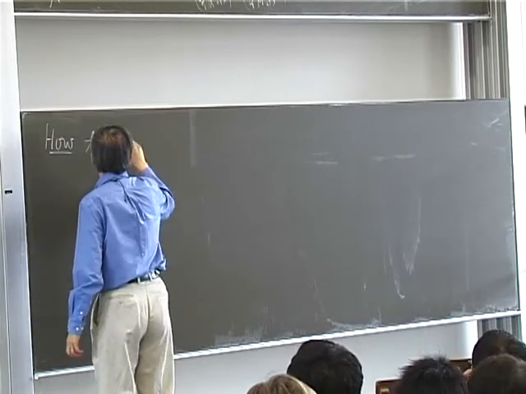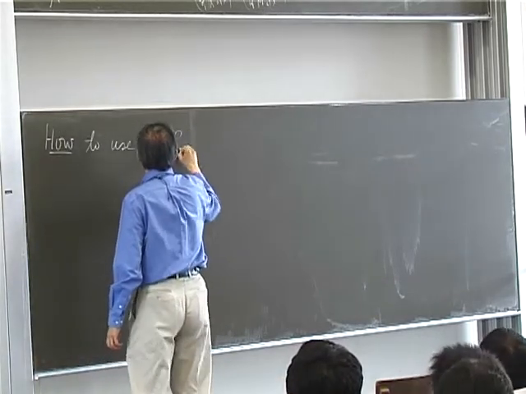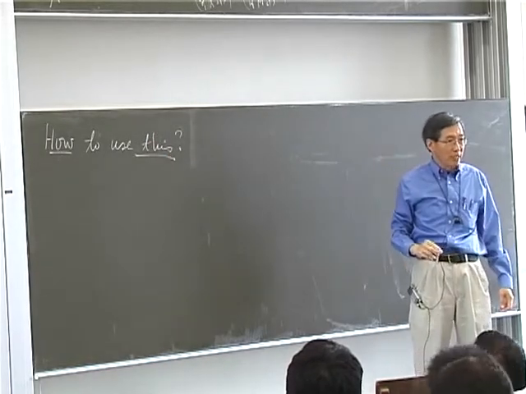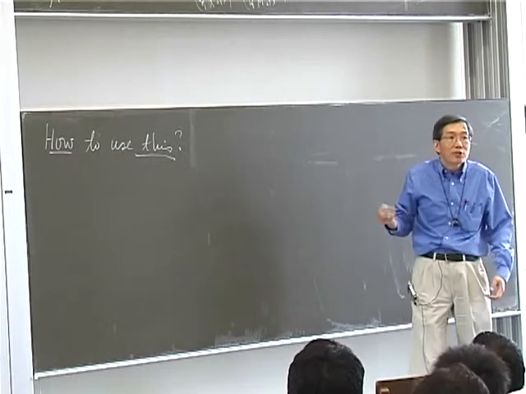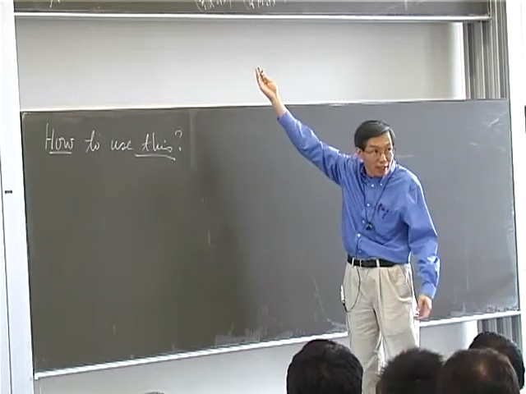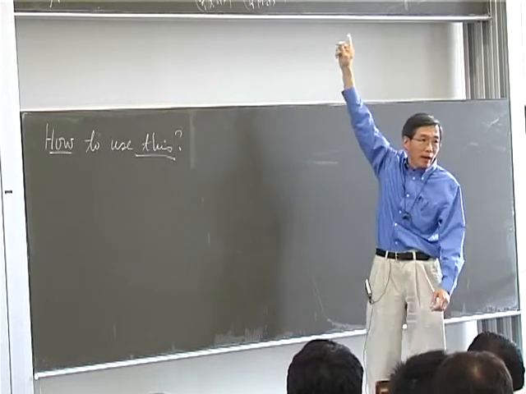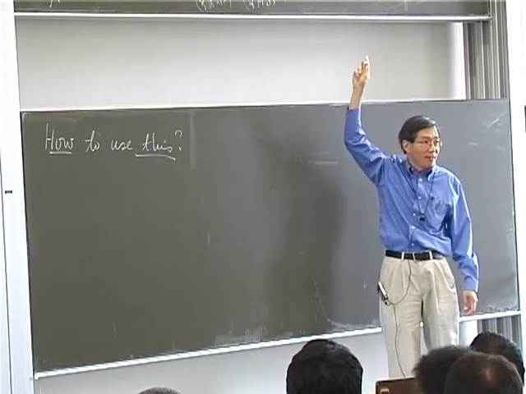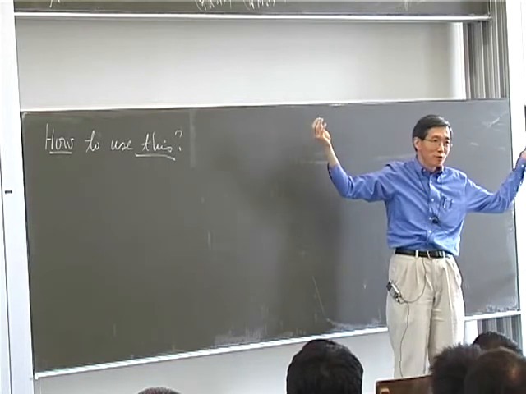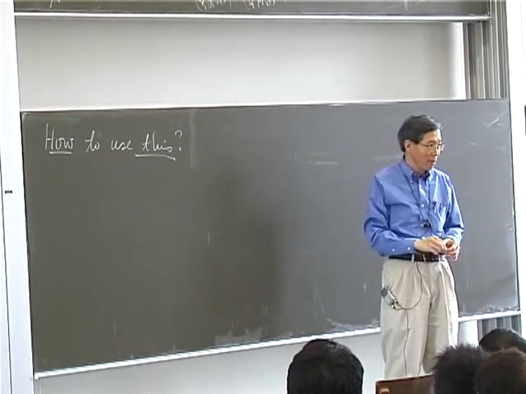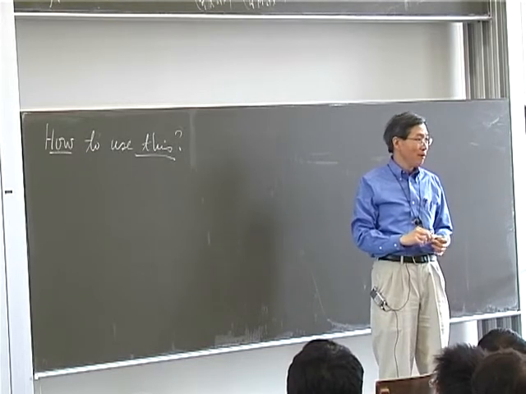So how to use this? Well, it's obvious that if you attempt to use it, you need to get some point whose local stabilizer subgroup, denoted by H sub x0, is not trivial. If it is a trivial group, you have absolutely no information whatsoever, right?